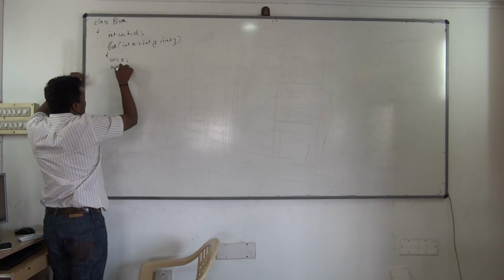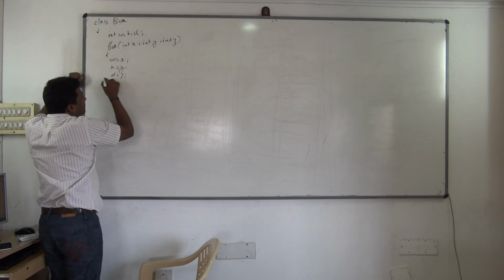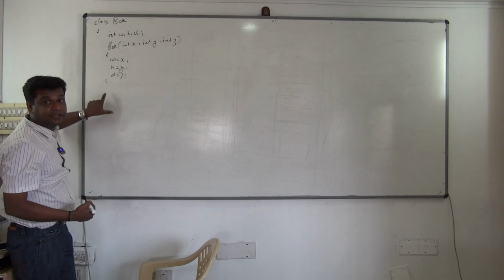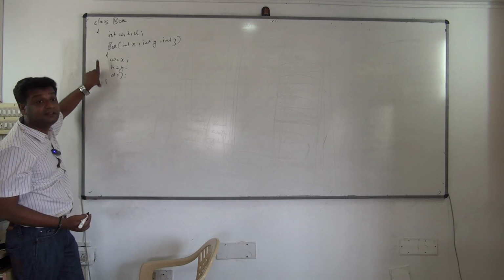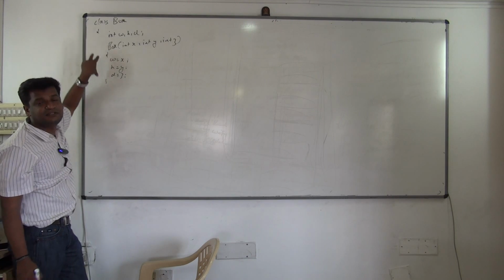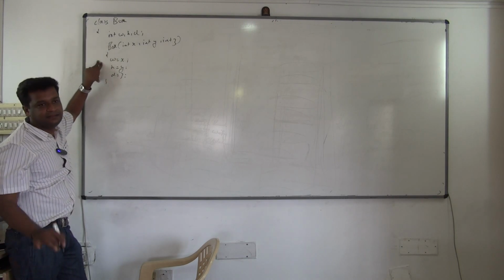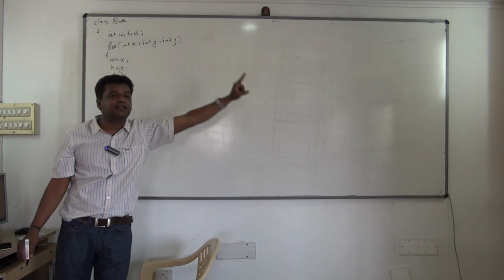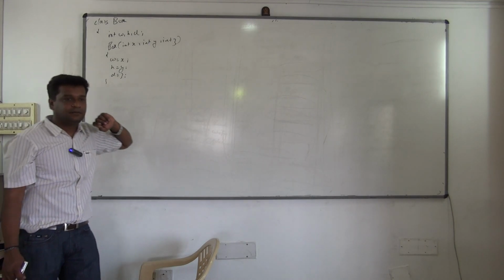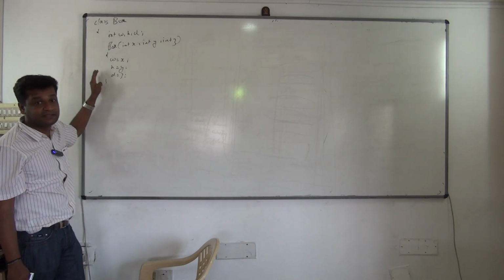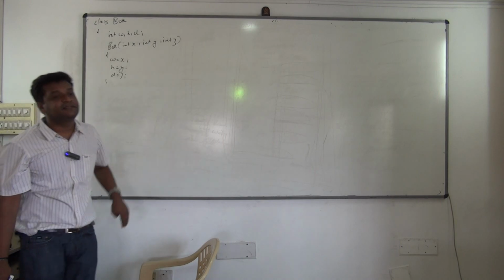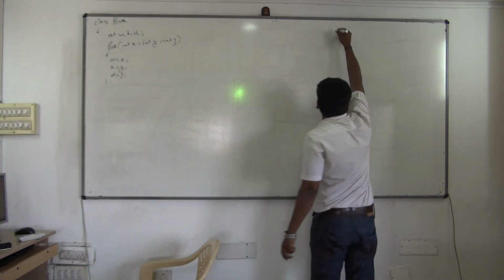You can access them in all the constructors, yes or no? So now in the class you are accessing here. Notice we are accessing it in the class. How do you access the instance variables inside the class? Directly. But how do you access the same member outside the class? Dot operator. You know the difference. Here you will access it directly. There, outside the class, how will you access? Dot operator.